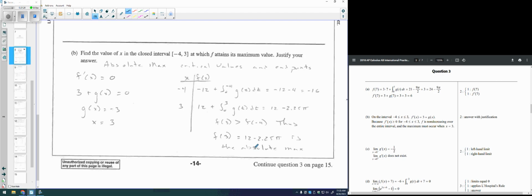The most common mistake I saw on this one was using the first derivative test to justify my answer. The first derivative test does not justify an absolute max. It finds relative max and min. It doesn't justify an absolute max or min. Yes, I agree, I do some of the same steps.